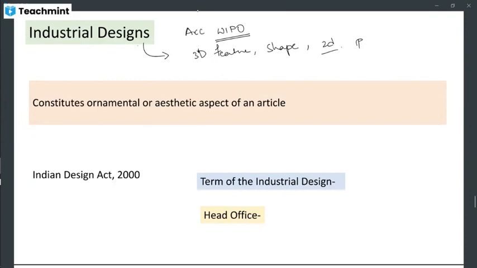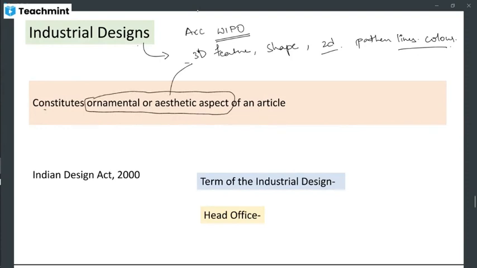It might include patterns, lines, particular color, and so on. It is just in the form of your design, and the most important thing is that it should have some ornamental and aesthetic aspect. Such things are known as industrial designs.